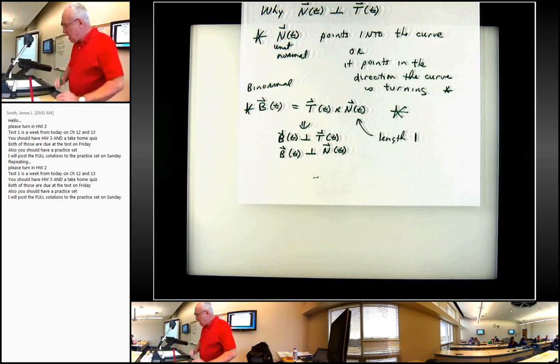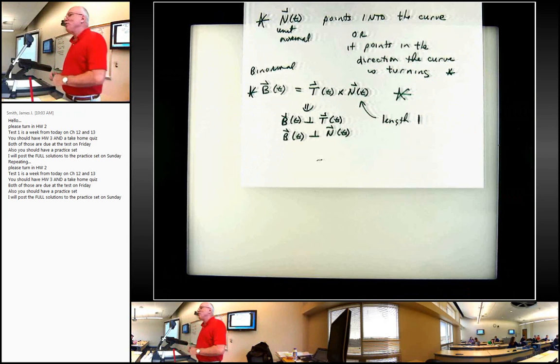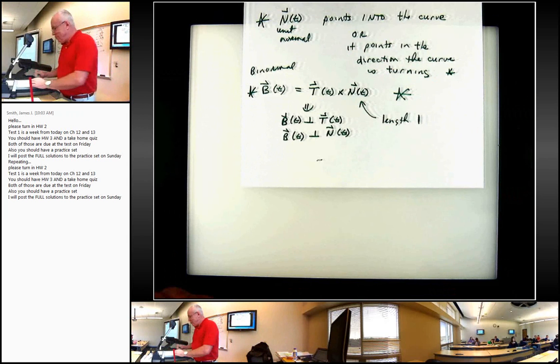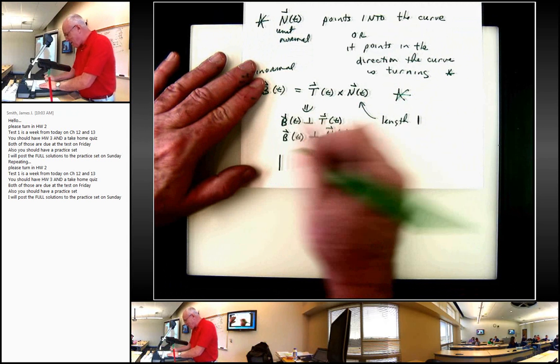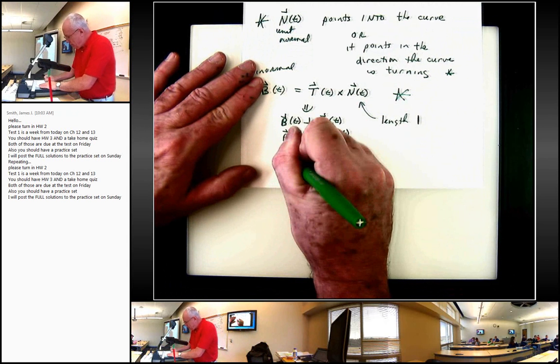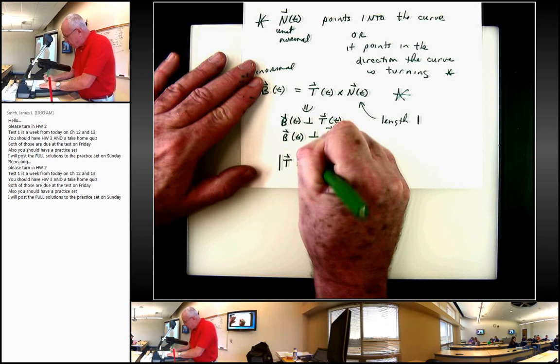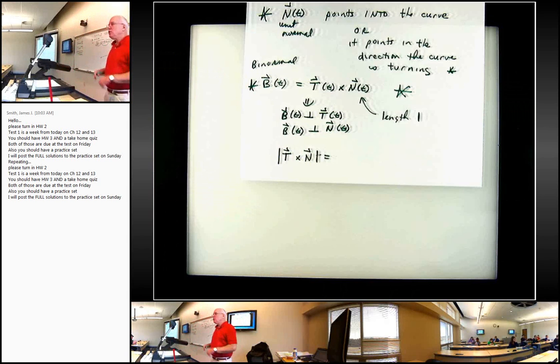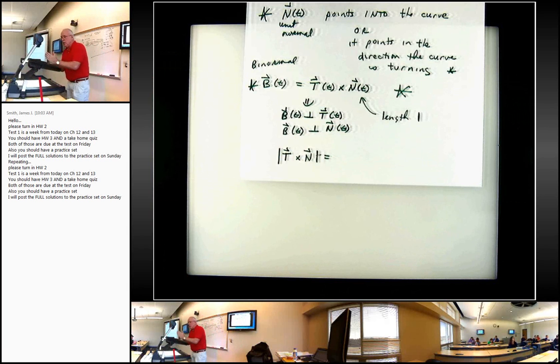Maybe it would be a good thing to go over why this has length 1. Let's recall, what is the magnitude of a cross product equal to? We do a cross product and that gives us another vector that's perpendicular. There's a formula for this magnitude.